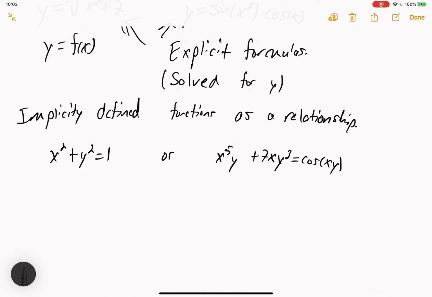Same thing with x. Well, we sort of can, but we'll touch on that in a second. But this other one, you can't ever solve for y. There's literally no way you could solve for that y. Because of that, this is an implicitly defined function or curve, because you can't write one in terms of the other.